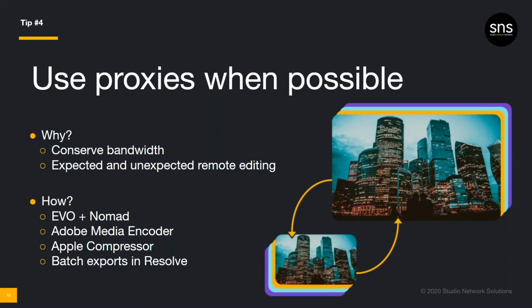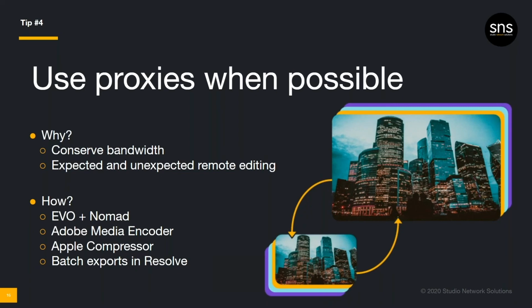Apple Compressor, as I'm sure you can imagine, is optimized for encoding and proxy creation with Final Cut Pro 10. And DaVinci Resolve can also create proxy files just as is in the NLE. You can load your original clips and batch export the compressed clips. You would typically do that when exporting color corrected files, but you can also batch export your files as proxies.